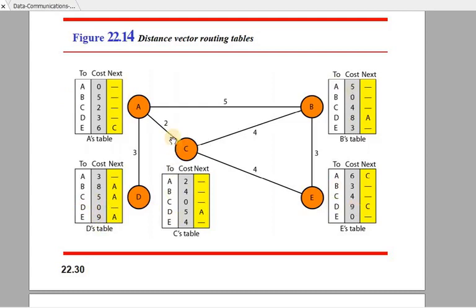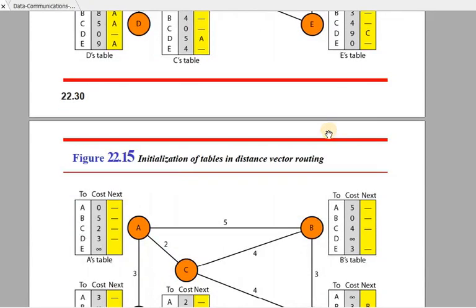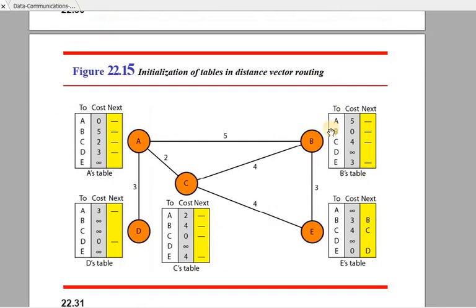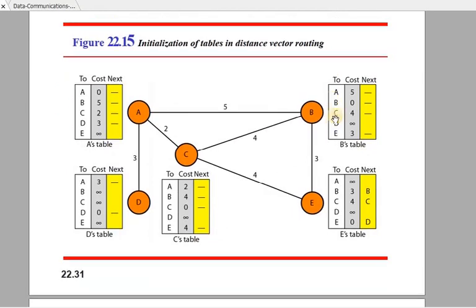So these values are attained after a lot of exchanges of information. Initially, in the initial state, this will not be the scenario, it will be something else, which is shown here. Initially, suppose A has a routing table. This is the destination nodes, this is the cost associated, and this is the next hop values.